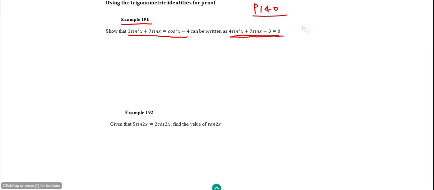So what we're going to use for this is the identity that we're given, which is that sine squared x plus cos squared x equals 1. And if we rearrange that, we can get cos squared x in terms of sine squared x.